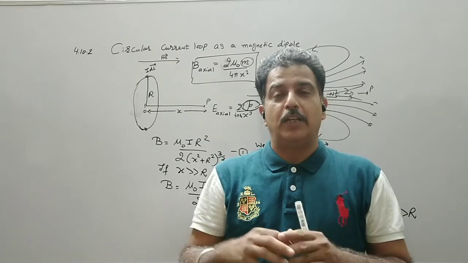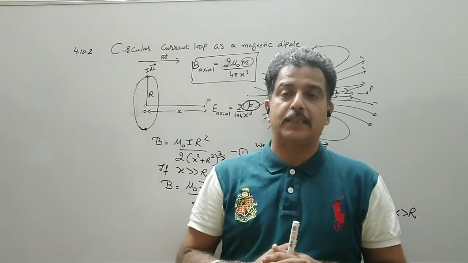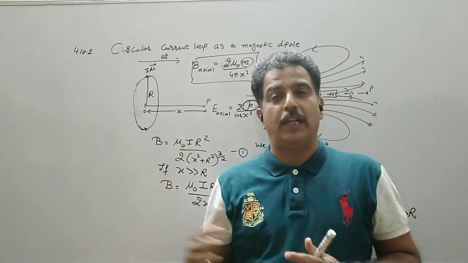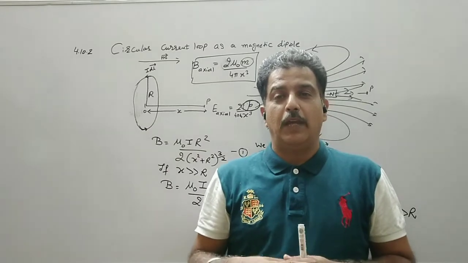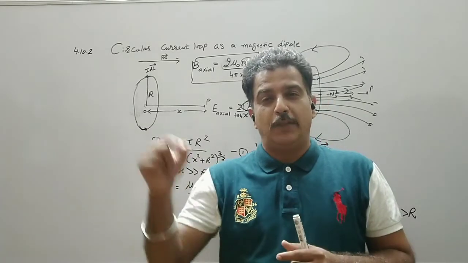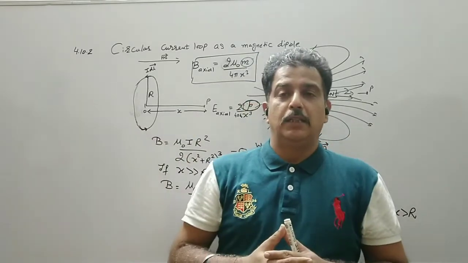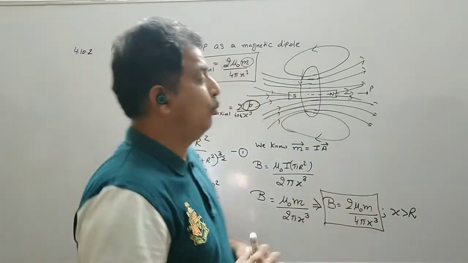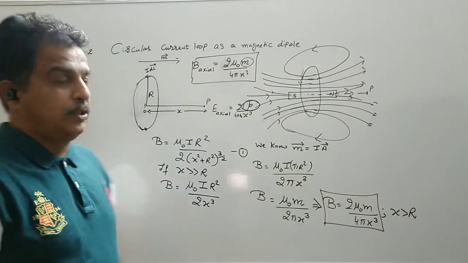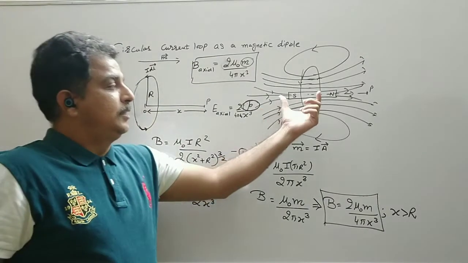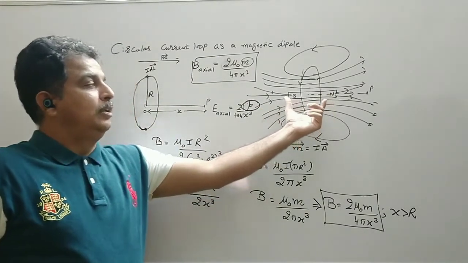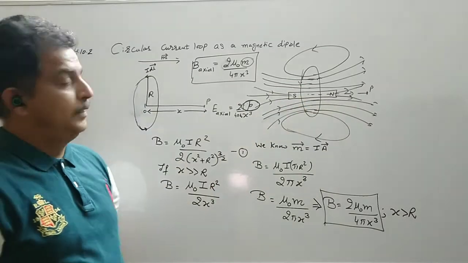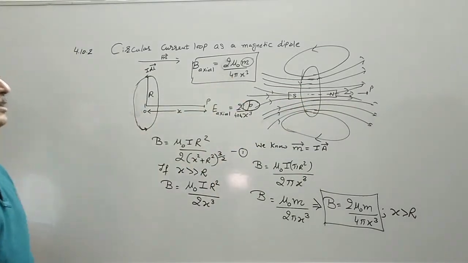It means we cannot isolate north and south. But in the case of electric dipole, we can isolate positive and negative charge. The system behaves like a dipole, but a magnetic monopole does not exist. The magnetic poles always exist in pairs. So that is the only difference.